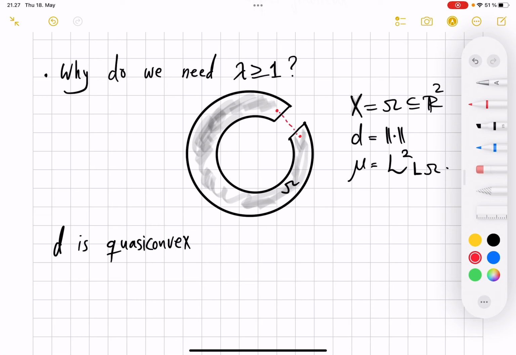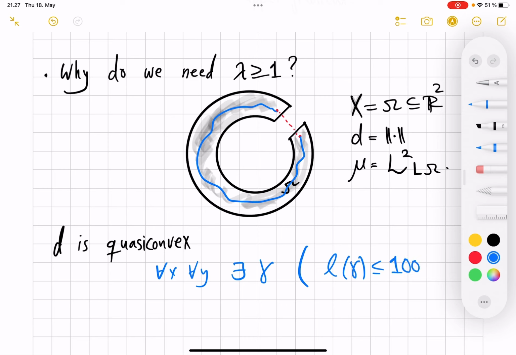Their distance is this, but the shortest path is not as short. But anyway, depending on this radius, given every x and every y, there exists some rectifiable path with length, say, less than 100 times the distance of x to y.